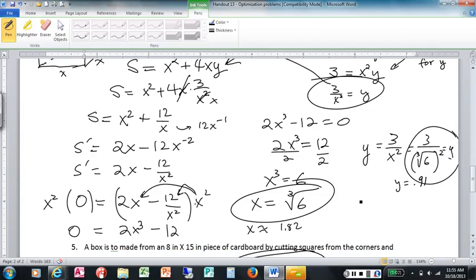The cube root of 6 squared. Do you know how to clean that one up? Well, I've got the cube root of 6 squared on the bottom. And so to clean it up, if I multiply by the cube root of 6 on the bottom, what does that do for me?